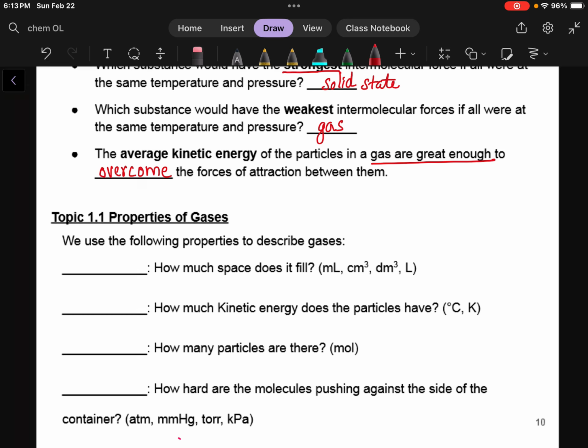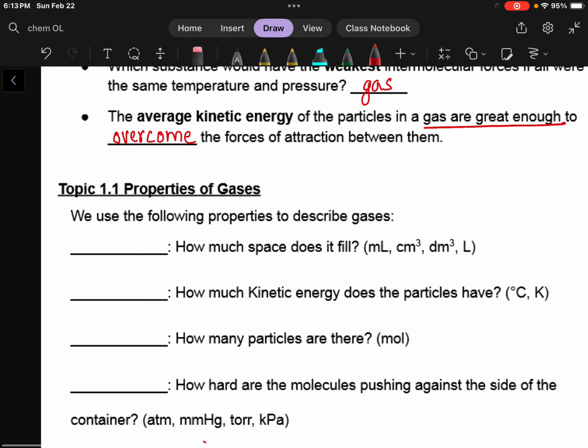We know that gases are not like solids. We are not able to see them. So we are using different macroscopic, that means measurable, properties to describe a certain gas at certain conditions. The first one: how much space does it fill?